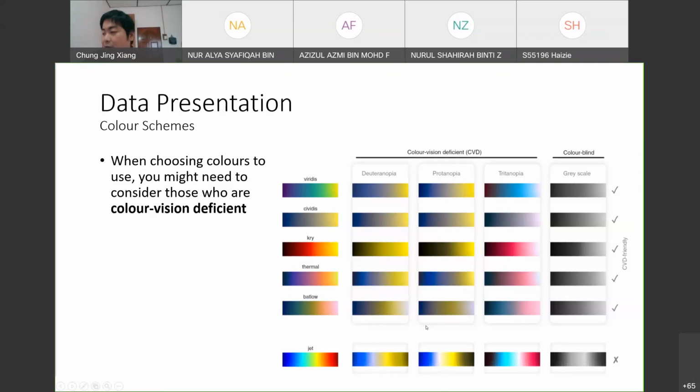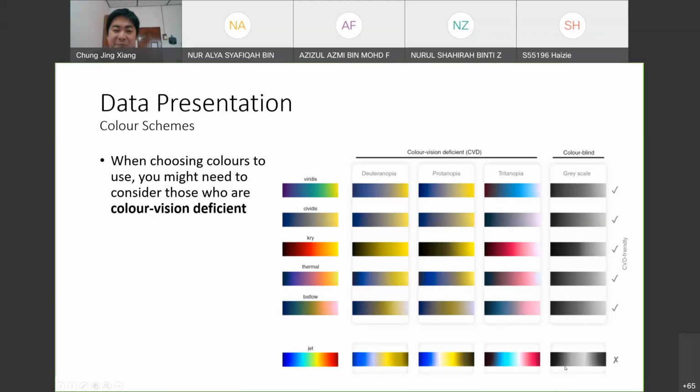If not, let's say you use jet like this one, and you have black at both ends of this spectrum, but in the middle you have white color. You plot it with jet, so you see some are blue, some are red. But people who are color blind can only see black. They wonder why you have black over the left, black over the right.